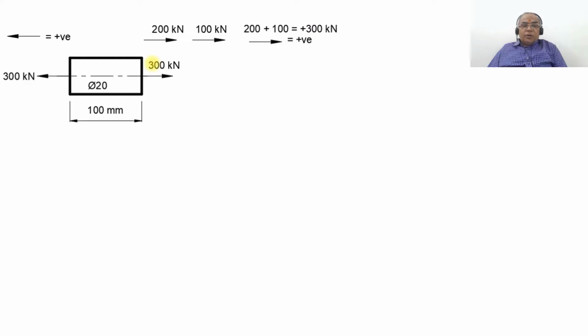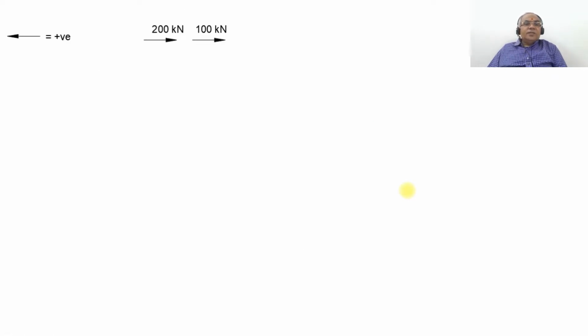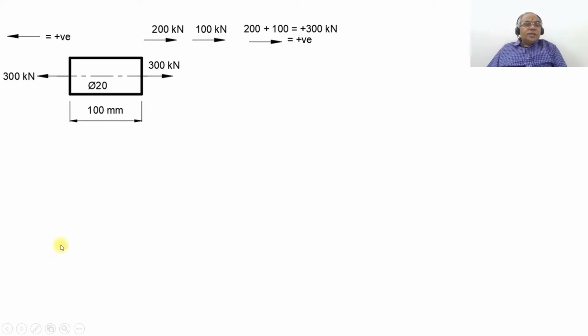According to this problem, we have 300 kilonewton on this side and 200 kilonewton on this side, so obviously this P should also be equal to 200 kilonewton. Considering the first section, you can see 300 kilonewton on the left hand side, so you should have 300 here.